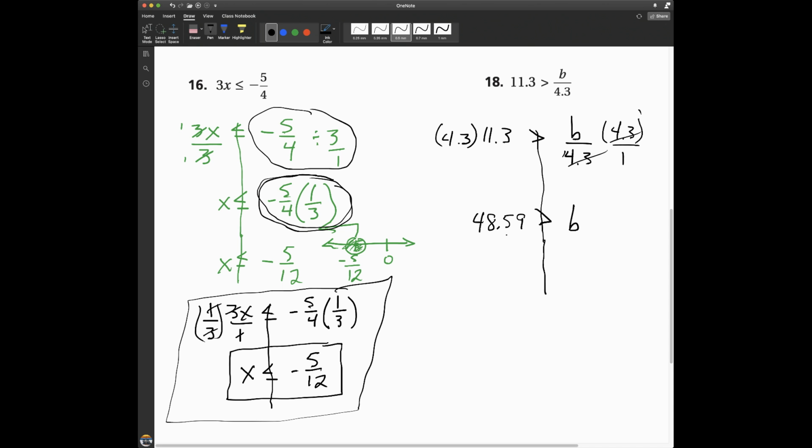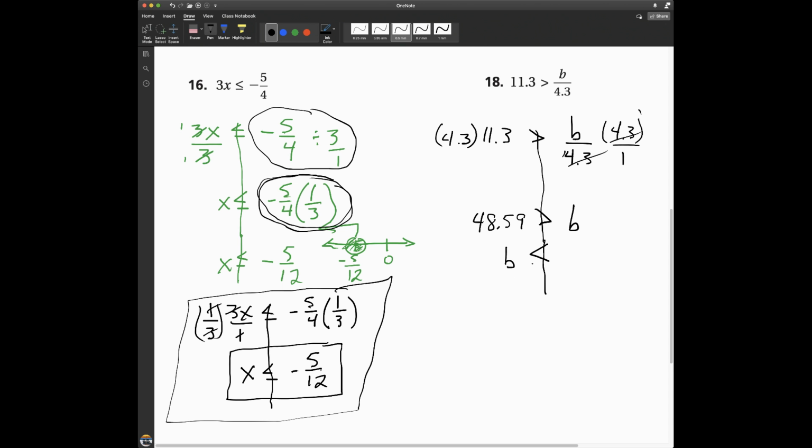And if I want to graph that, it's hard to graph it this way, because it seems kind of confusing; 48.59 is greater than anything I can put here. Another way we can write this is put the variable on the left side. Remember to change the direction of the sign. So here, the alligator's mouth opened up to eating the 48.59.